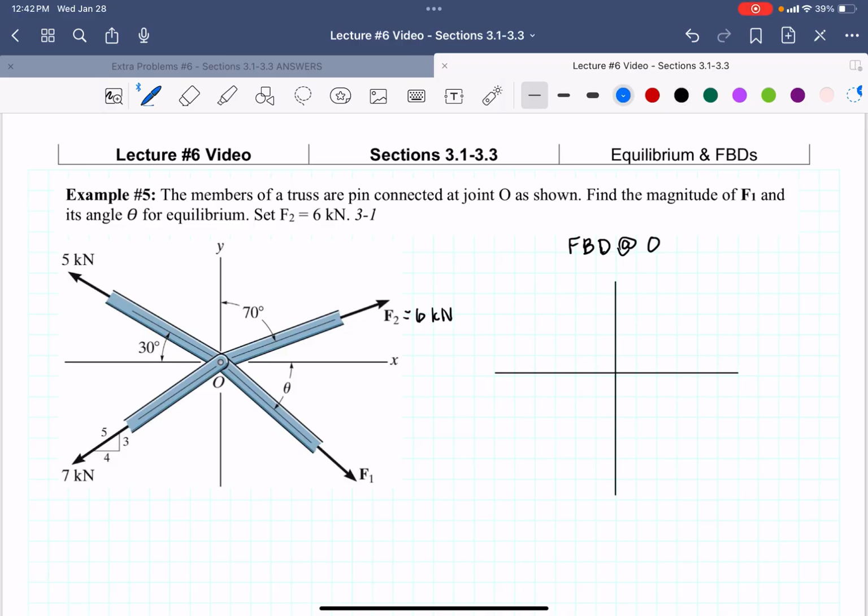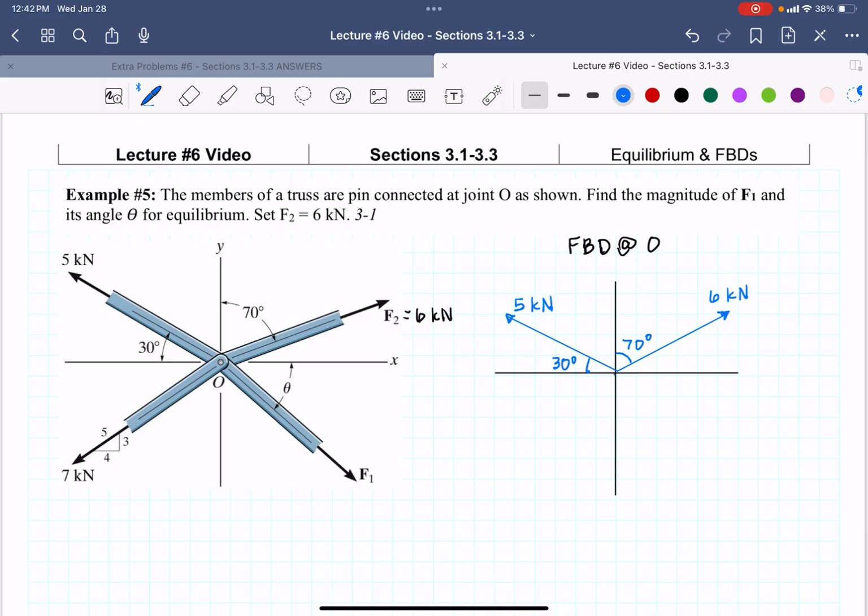I've got a force going this direction of 6 kilonewtons, and they've given us the angle. Note that it's from the y-axis this time, of 70 degrees. I've got one going this way for 5 kilonewtons at 30 degrees.